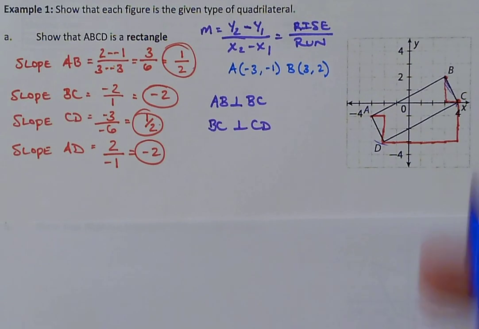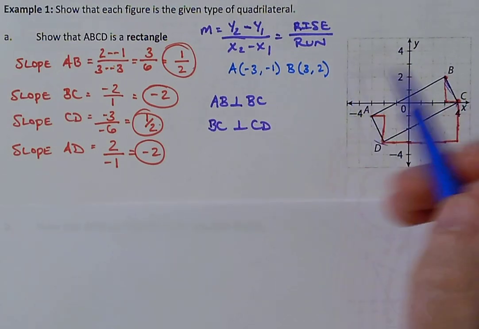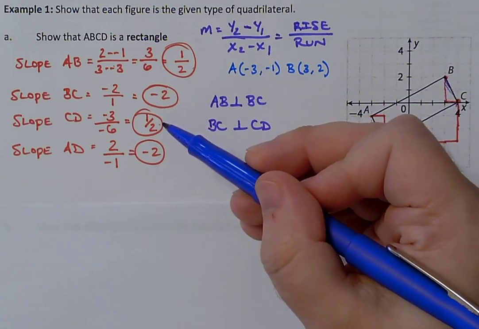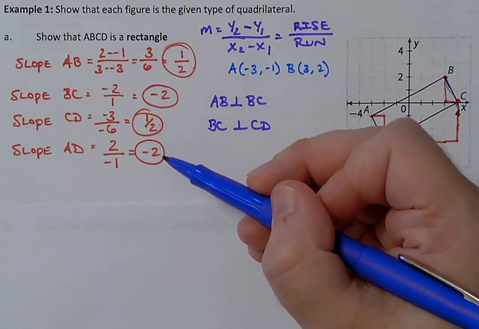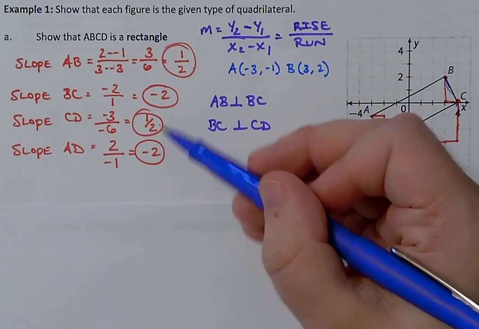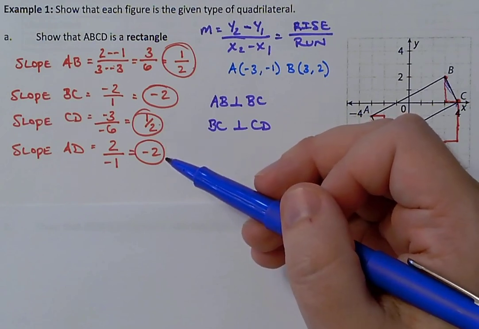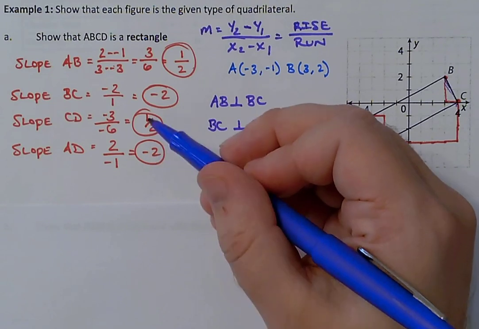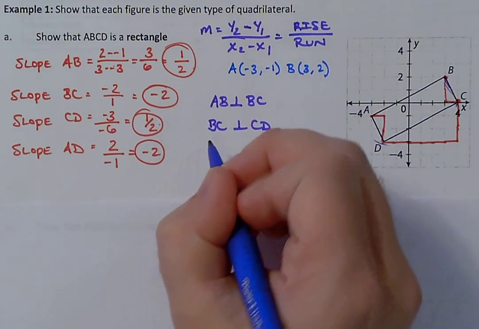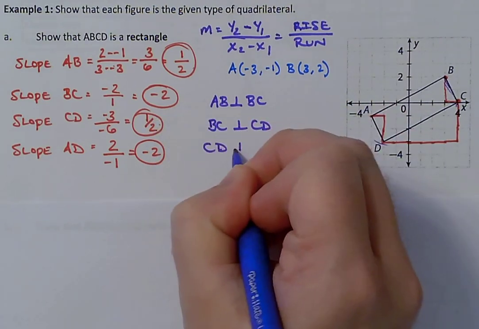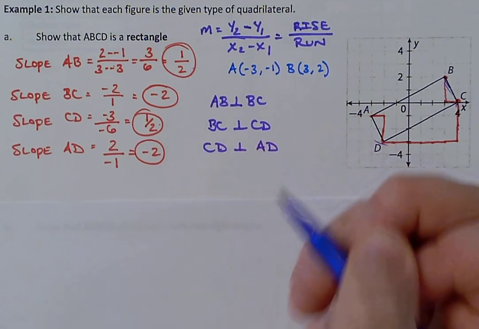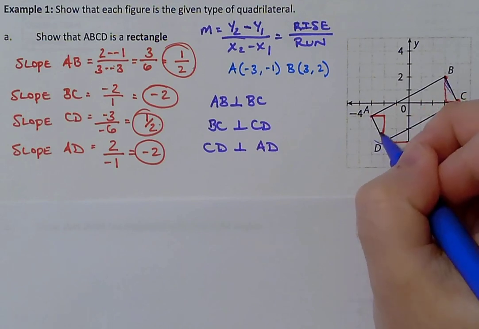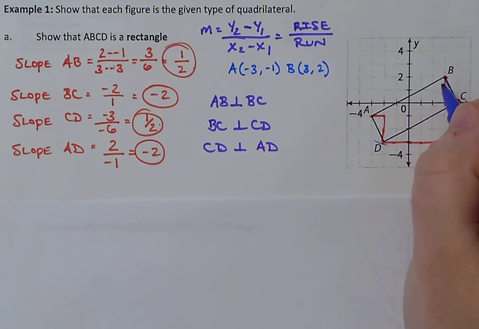And then next, we need to take a look at CD and AD. So CD is 1/2 and AD is -2. 1/2 and -2 are opposite reciprocals, positive to negative, and then they are flipped. So CD is perpendicular to AD. And then the last one we need to determine is if AD is perpendicular to AB.